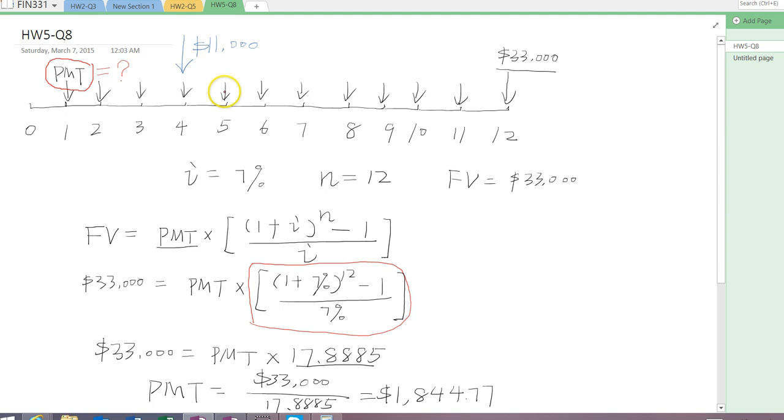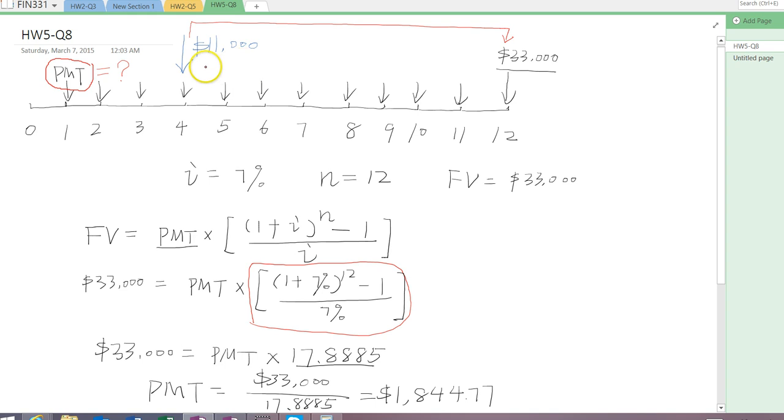What you can do in order to operate on these two cash flows is convert this year 4 cash flow to the same time as this end goal. So you can convert this year 4 $11,000 to a year 12 cash flow.